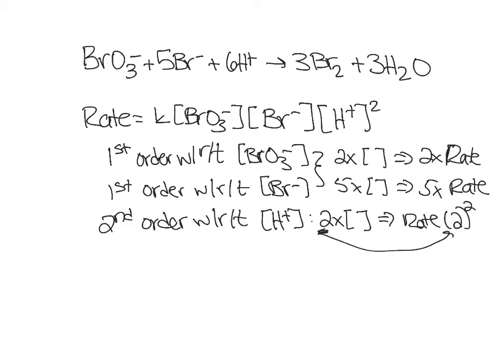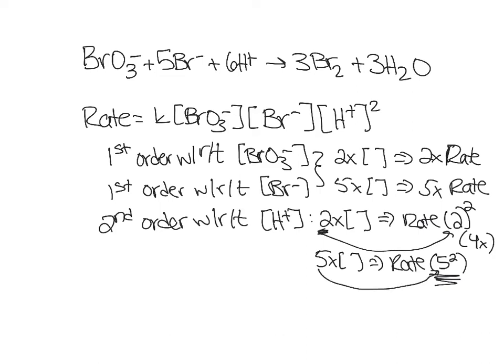So the rate goes up by 4. Or if I had 5 times the concentration, the rate would go up by a factor of 25, right? It's the amount that I increased by to the power of the exponent. So that's one thing to know, is that rate affects concentration, and you can know how and why.